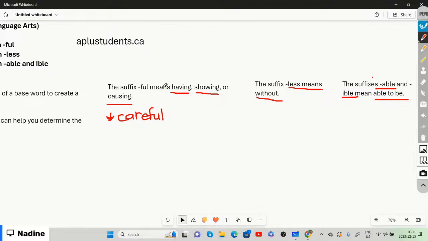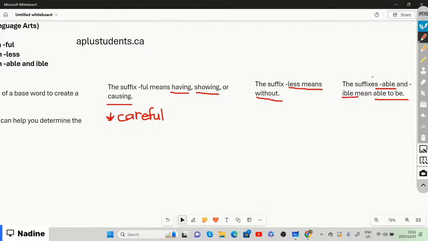We said that the suffix full means either having, showing, or causing. Careful means you are full of care, or having lots of care or caution.